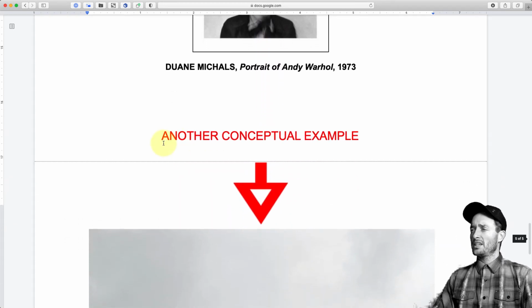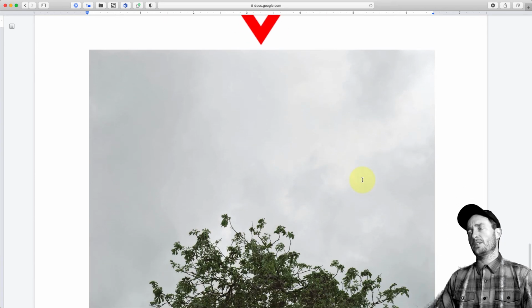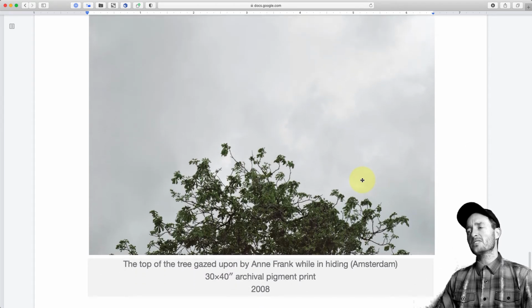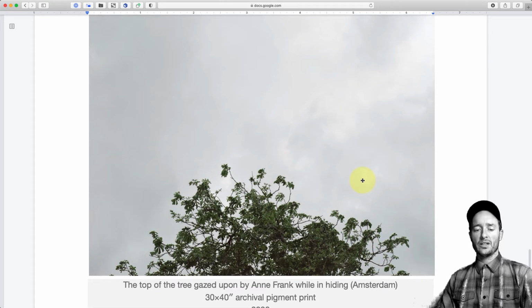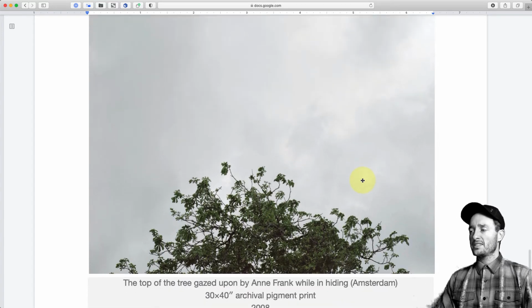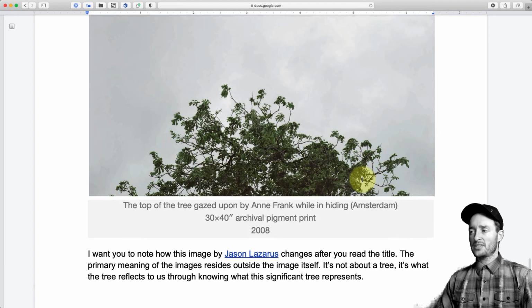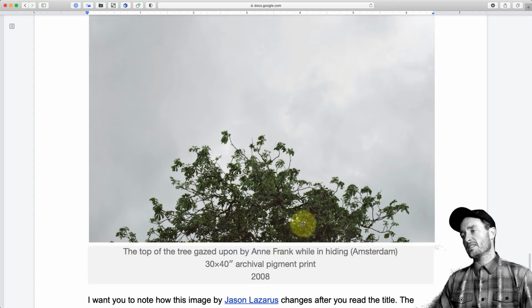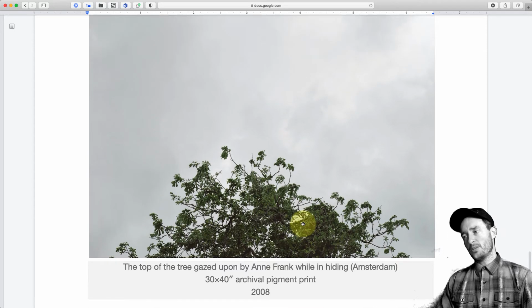Now, another conceptual example that I think also works really well in explaining concept, which I think is a really difficult thing for many students to understand. So I'm trying to give you as many examples as possible, but what this is, an artist named Jason Lazarus, and if you look at this work it's actually a video piece.